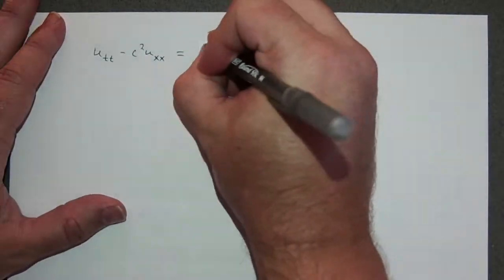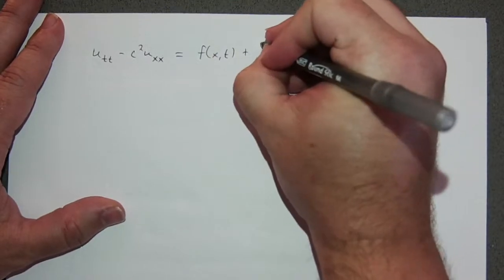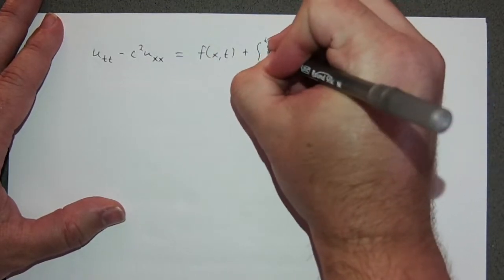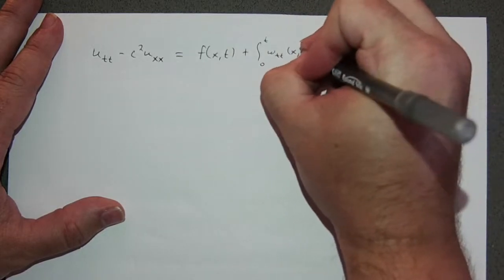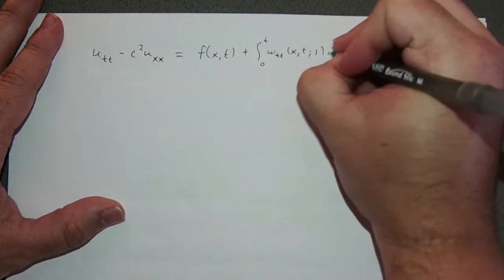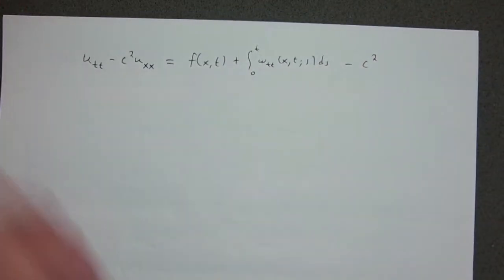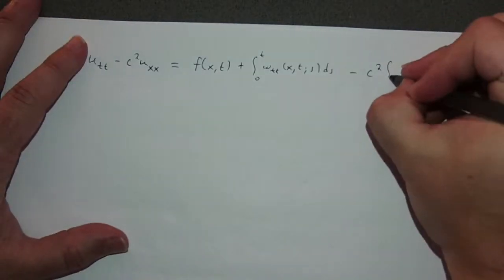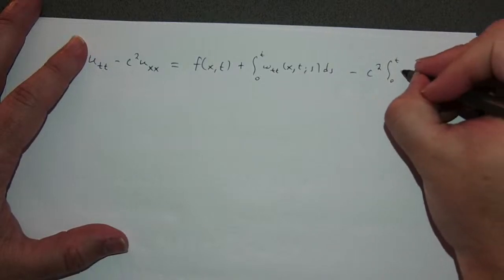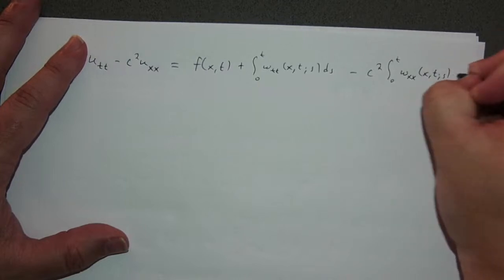So that is f of x, t plus the integral from 0 to t of w sub tt x, t, s ds, minus c squared times u sub xx, which is this thing. Right, the integral from 0 to t of w sub xx x, t, s ds.